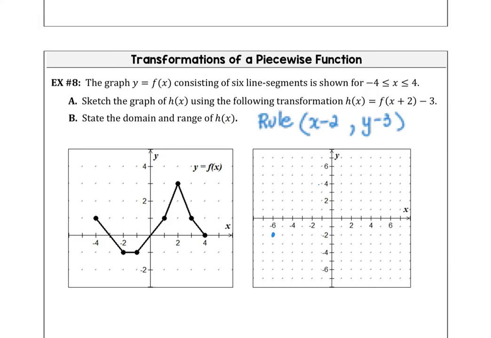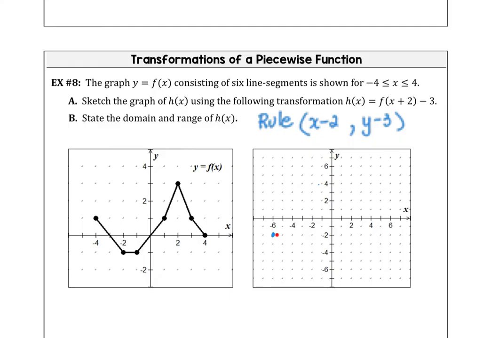We know that our rule is going to be subtract 2 from the x and subtract 3 from each y value, since our function rule says we're going to move 2 units left, -2, and 3 units down, y minus 3. So if we take the point -4, 1, and we say -4 minus 2, that puts us at -6, and 1 minus 3, that puts us at -2.